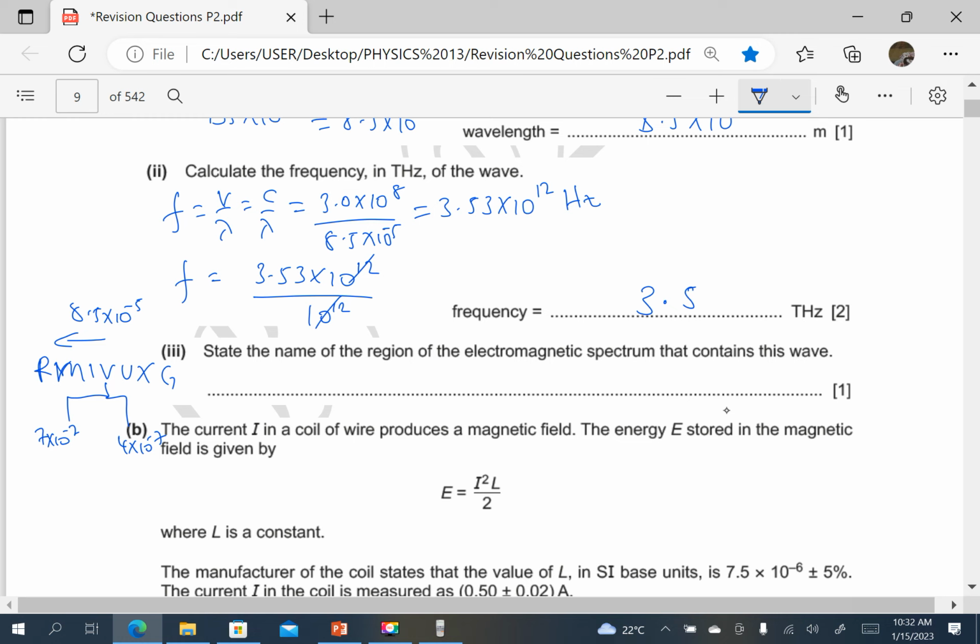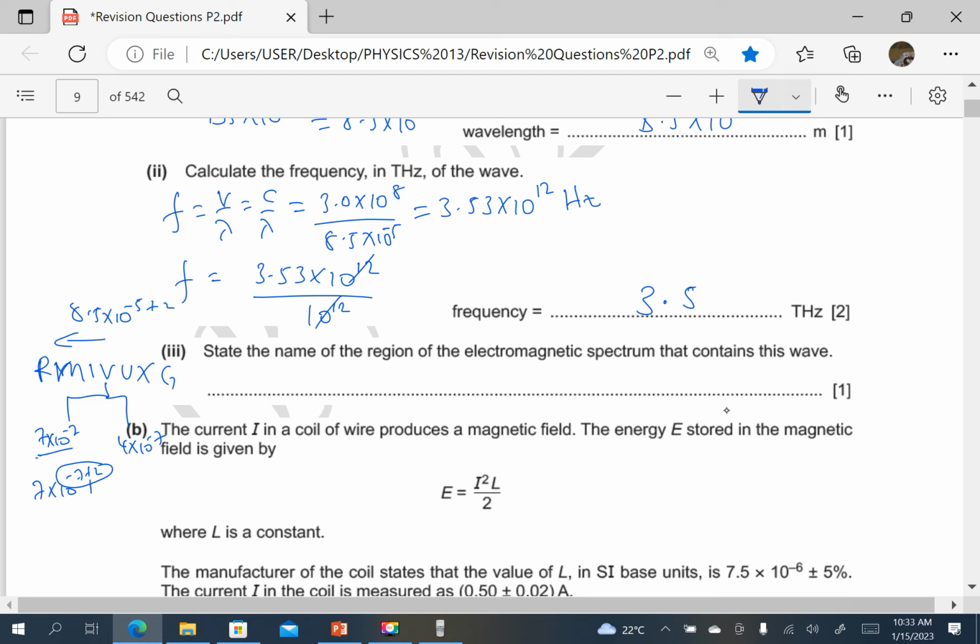However, when you add positive 2 to the power of 7 times 10 power negative 7, it becomes power negative 5. That is automatically infrared.